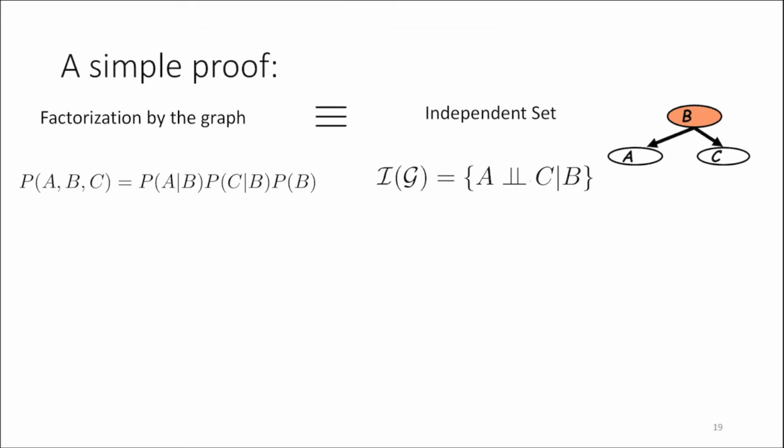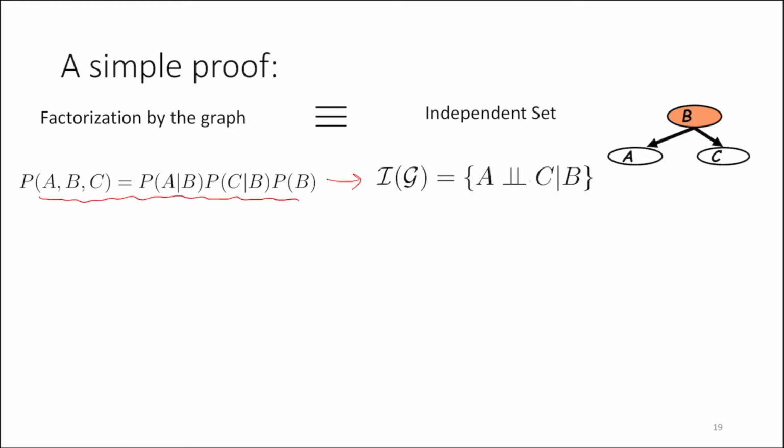I mentioned earlier that there's a one-to-one correspondence between factorization over a graph and a set of independencies. For example, in this example, B is connected to A and C, and as I mentioned earlier, this implies the following factorization. I mentioned in the previous slide that in this case, if I know B, A and C become independent. So I'm going to prove here that this factorization implies this independence and vice versa. Let's start with the left-hand side.